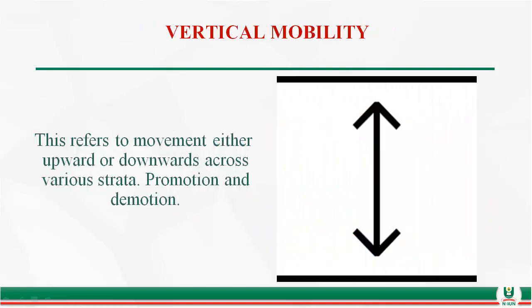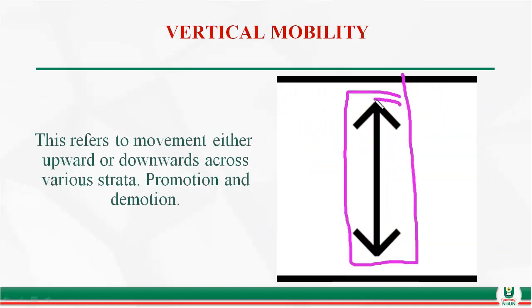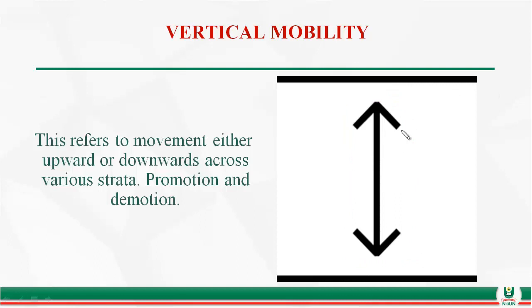Next one is vertical mobility. We've used this vertical line to show you that it is mobility that will happen either upward or downward within the social stratification system. Vertical social mobility refers to the movement either upward or downward across various strata.